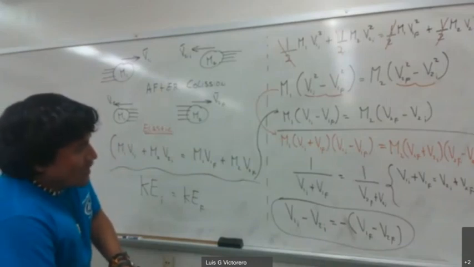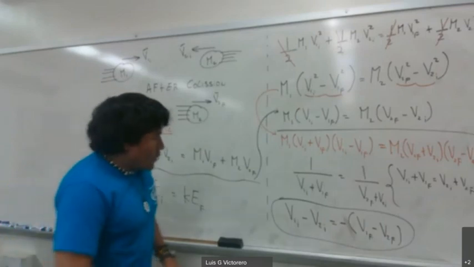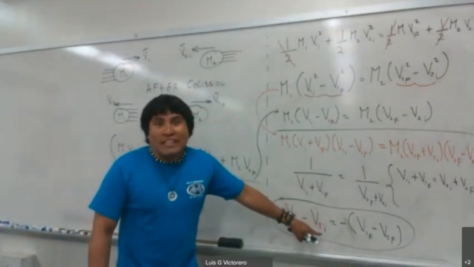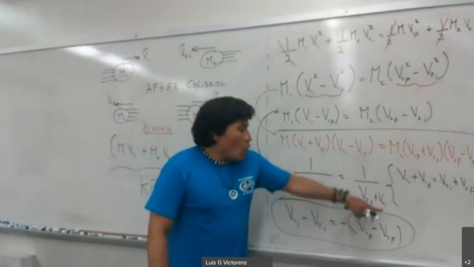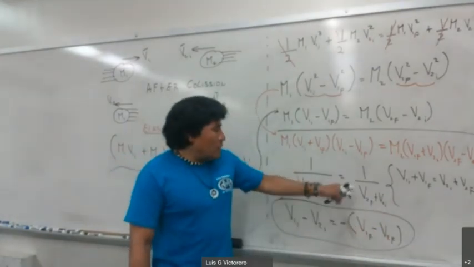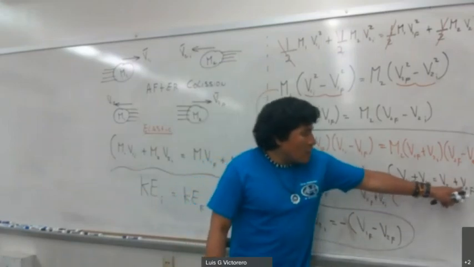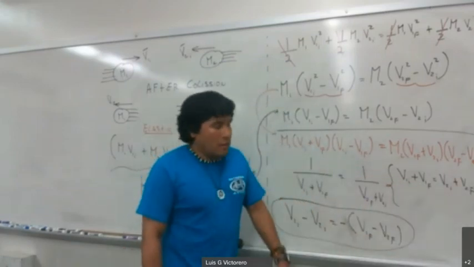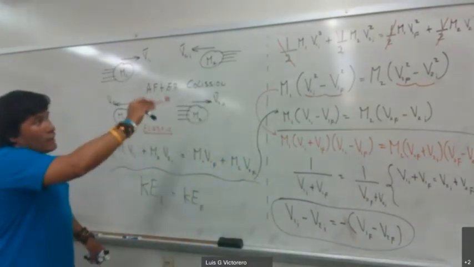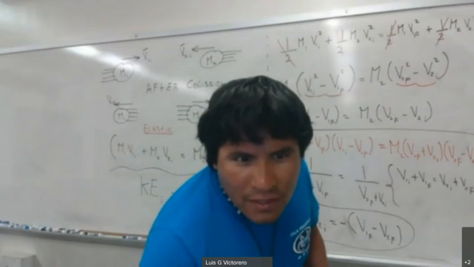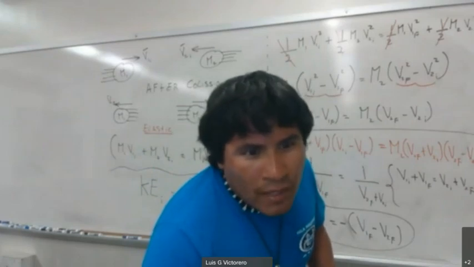Why do they write the equation like that? Because this is V1 with respect to V2 initial, and this is V1 with respect to V2 final. And the minus is because this goes to this side, so I have to put a negative sign. I left this proof on the slide, so you can see it there.